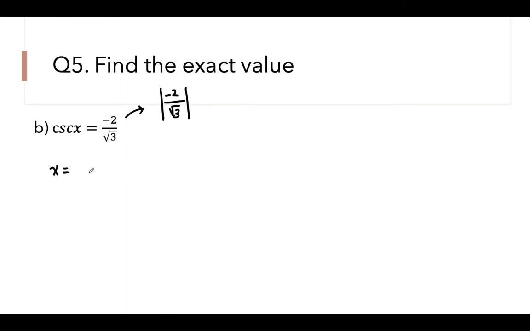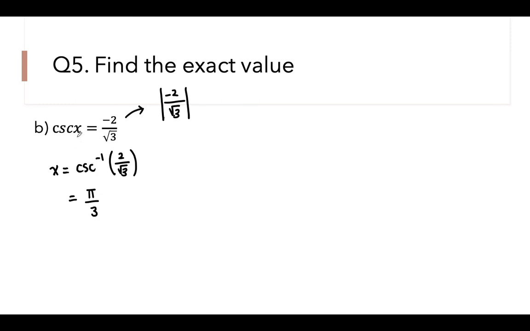So x is equal to cosecant inverse of 2 over square root 3. And when you do it, depending on the calculator, you're going to get 60 degrees, or pi over 3. So that is my related acute.